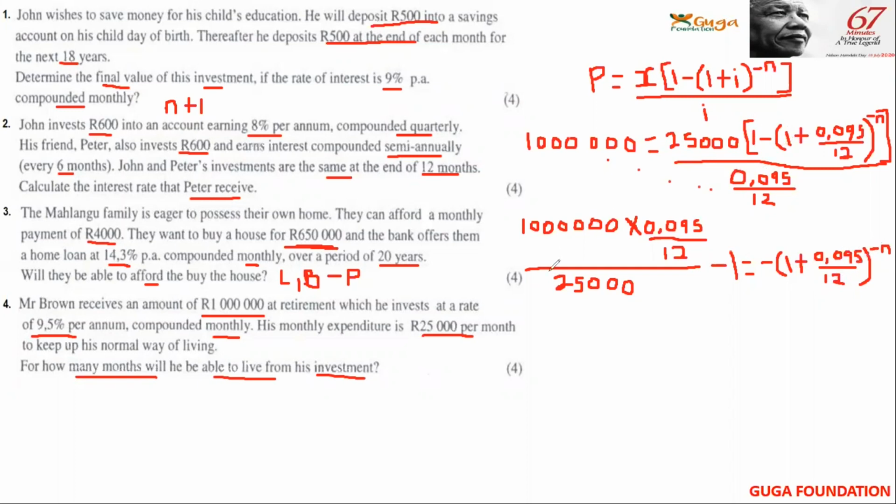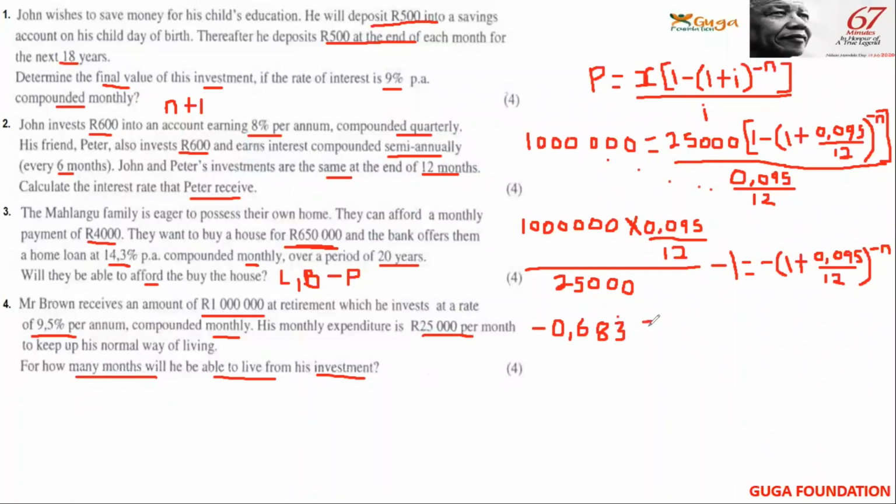So here you can just use a calculator, which will be equal to negative 0.68333333, so I'll just say 3 recurring, right?